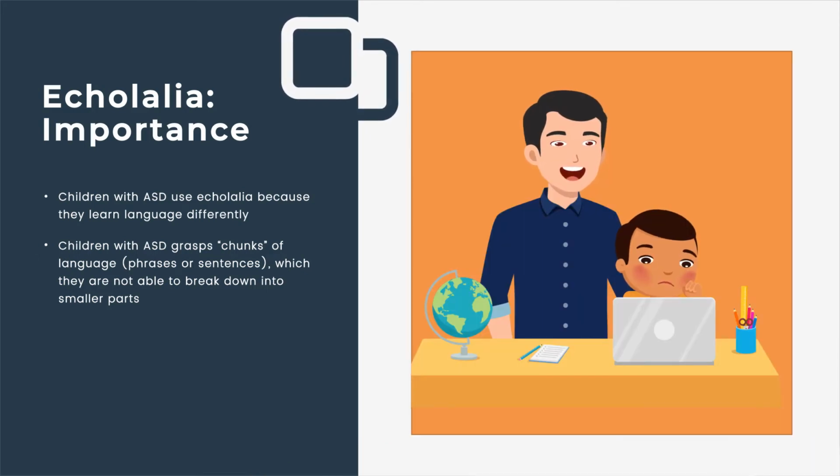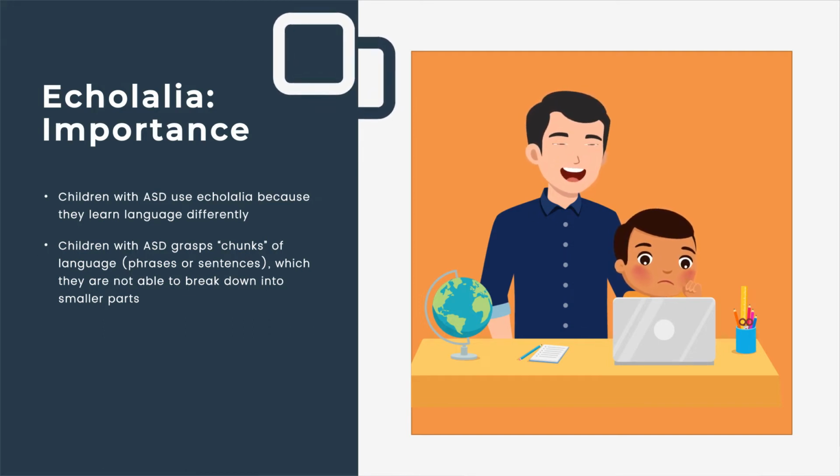Also, whenever the child sees his father filling the bathtub, he may say it's time for your bath. So he means he wants a bath maybe, and he is not able to separate it into different words. It is a whole sentence, and it has a meaning.